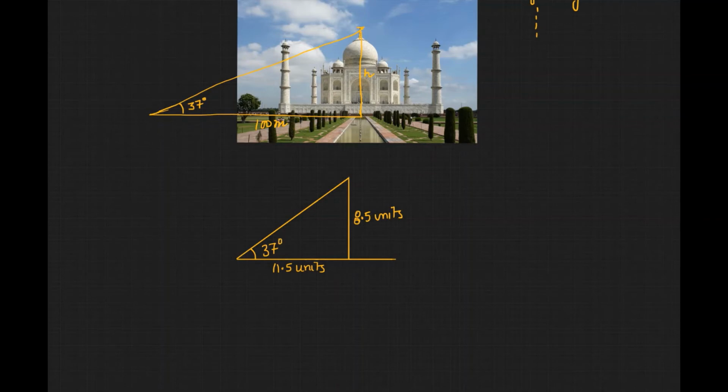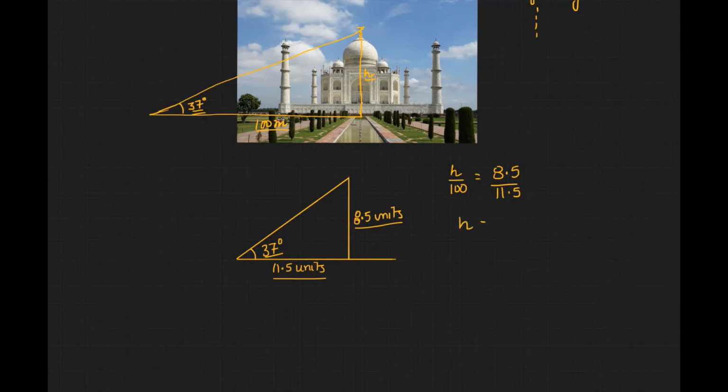Now what we do is we find the ratio of this height to this distance. For the Taj Mahal, the ratio is h by 100, and for the 37 degree triangle that we have drawn, it is 8.5 units by 11.5 units. So this is 8.5 divided by 11.5.